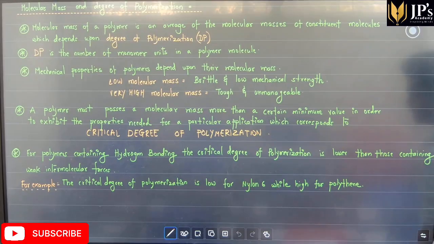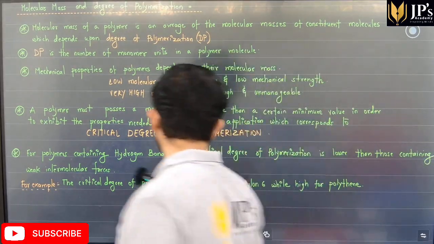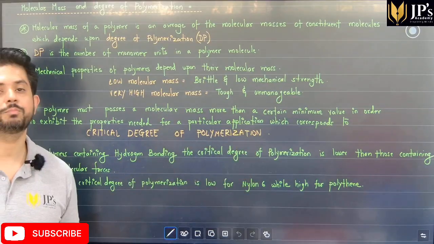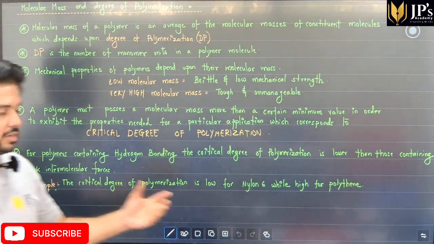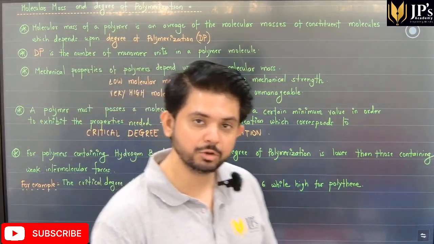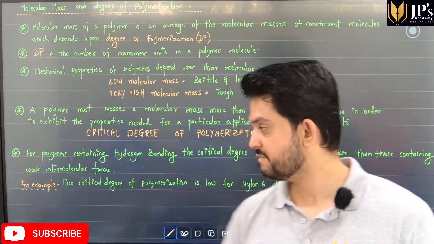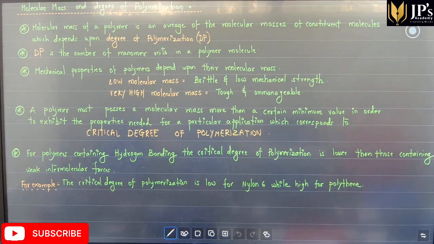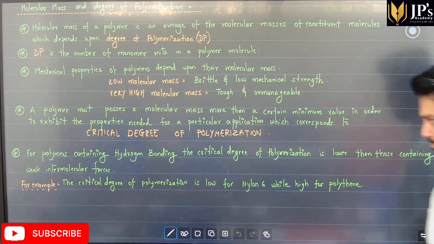Let's understand this. The critical degree of polymerization is low for nylon 6, but it is high for polythene. That tells us that polythene has weak intermolecular van der Waals forces, whereas there is hydrogen bonding in nylon 6.